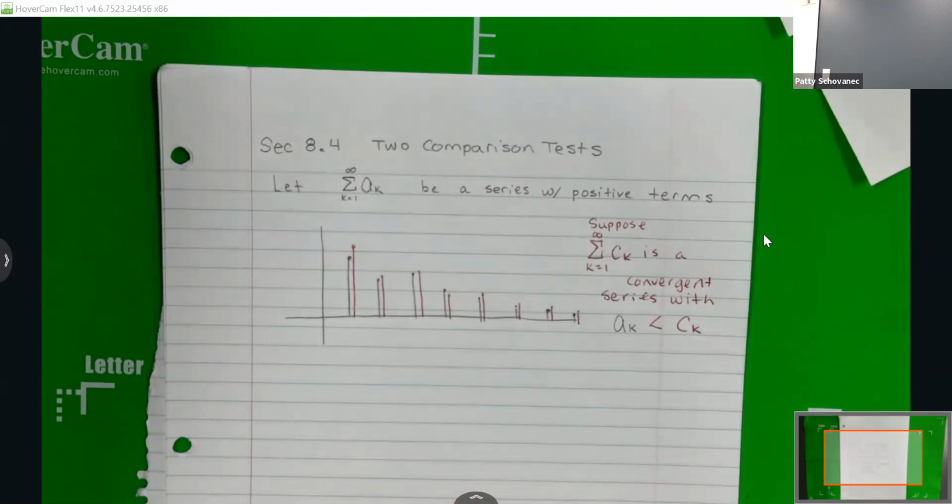It looks a lot like the series that we're testing, the a_k's, but we know it's a convergent series because probably it's a geometric series or a p-series or something like that. Does it make sense to you that if the sum of all of those little red sticks is a finite number, then the sum of the little pencil drawn sticks is a finite number too, if the c_k's are all bigger than the a_k's?